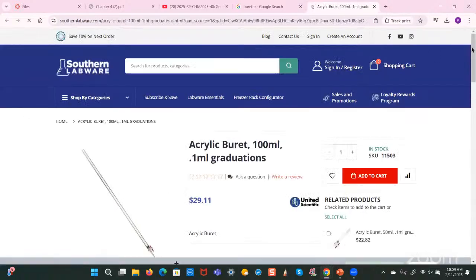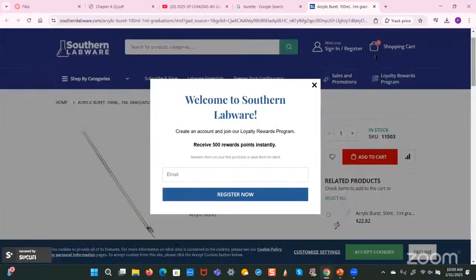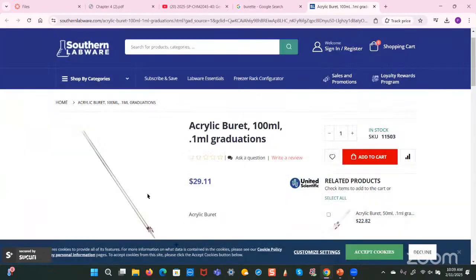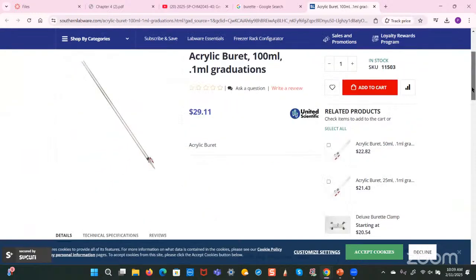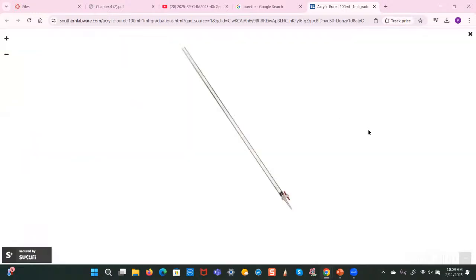Okay, so this is from a company. Unfortunately, this one does not show you the graduation marks, but basically this is what it looks like. You have a cap with a nozzle right here. They come in different sizes. I think the smallest one I've seen is a 25 mil. This one is more common. I think it's a 50 mil burette.